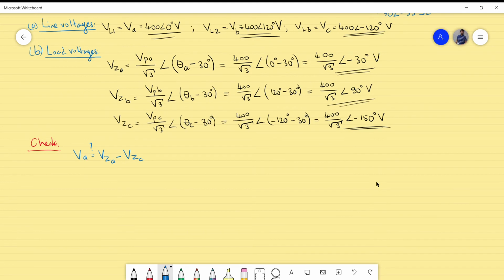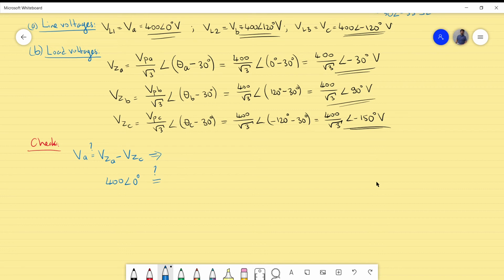Okay, now let's move on. So let's substitute everything in this expression. So I will continue with maybe just blue. So what we have is the following. The left side is just 400 phase 0 degrees. I will check that, of course. It's just still a question mark.